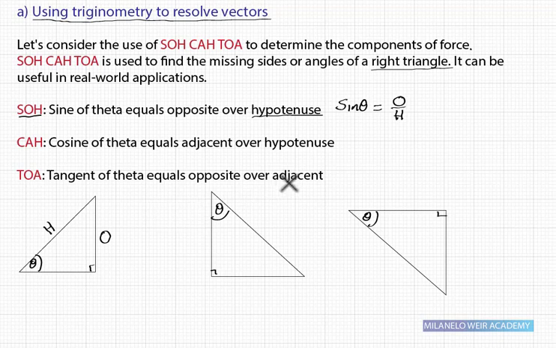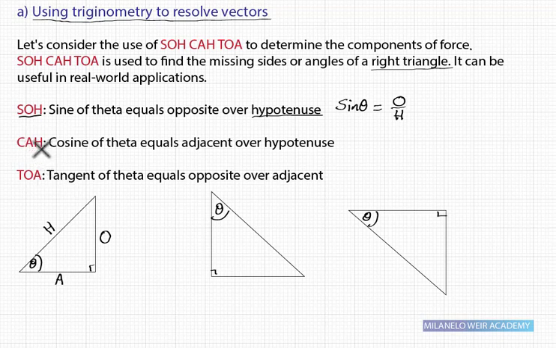Then we have the adjacent side, the side next to the angle, which is not the hypotenuse. So sine of theta equals opposite over hypotenuse, right?